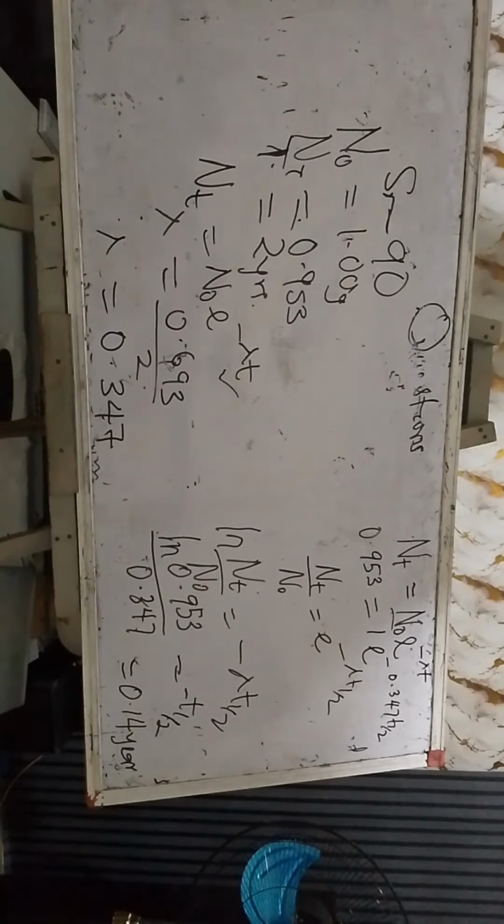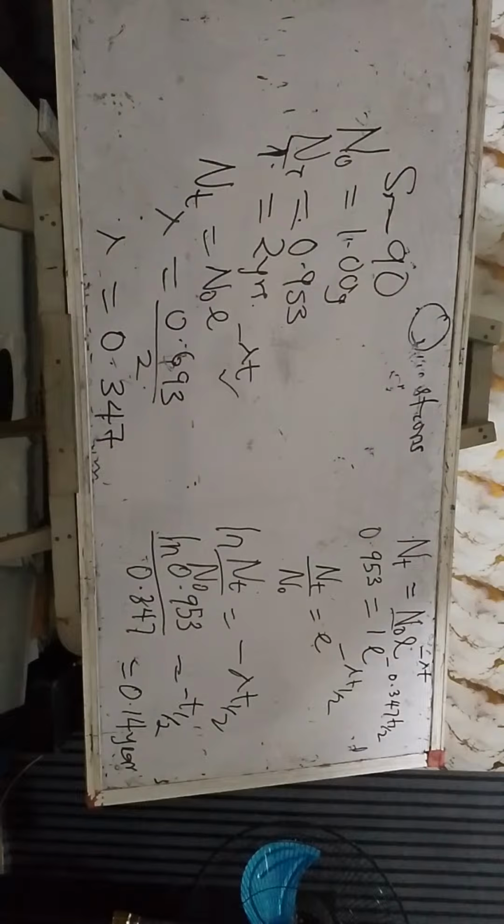Activity means the fraction remaining that will be active after the radioactive compound has disintegrated. So activity is equal to Nt over N naught. That is the meaning of activity, the fraction remaining.